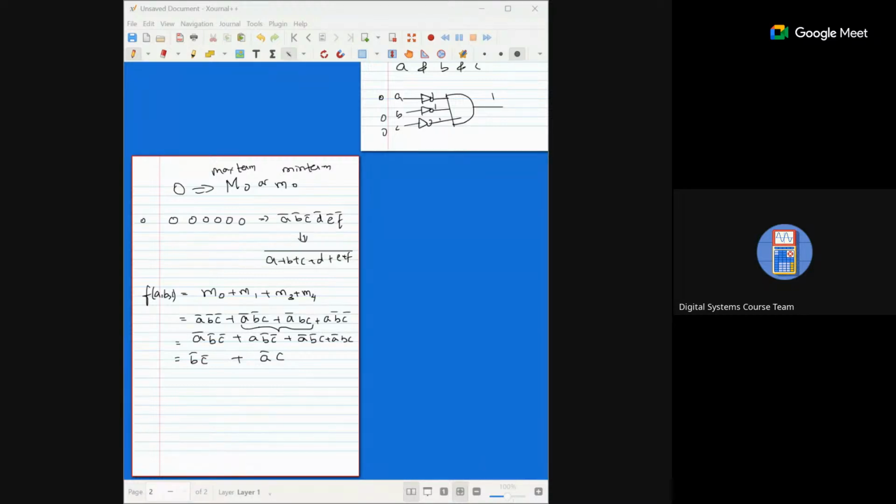But when you apply the Boolean laws, you can understand which one is the right answer.